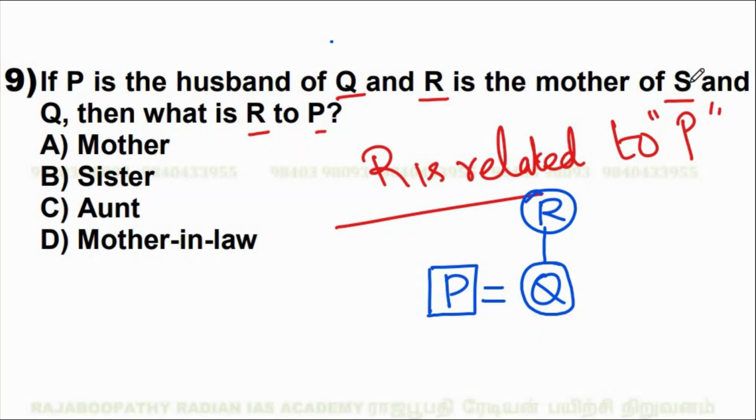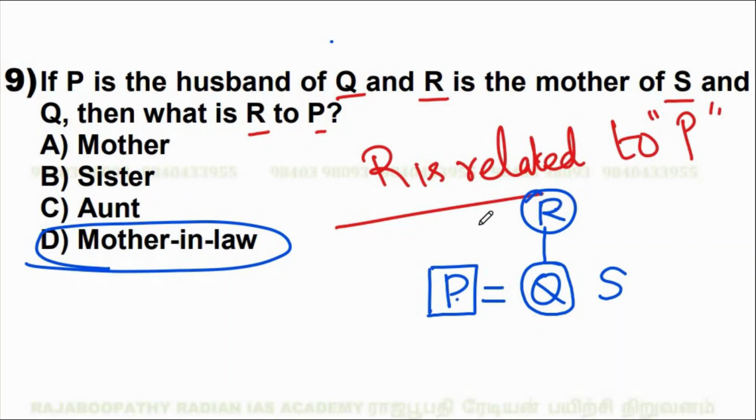So S also, I do not know the gender of S, maybe male or female. So S must be the brother or sister of Q. Okay. Now in what way is R related to P? Therefore wife's mother is what? Mother-in-law. Good. Perfect. Super. Everyone answered correctly.